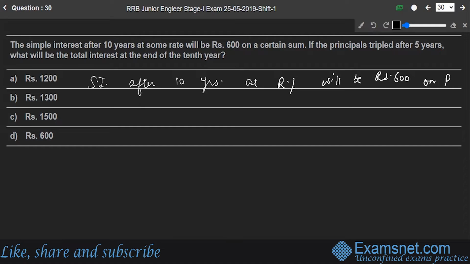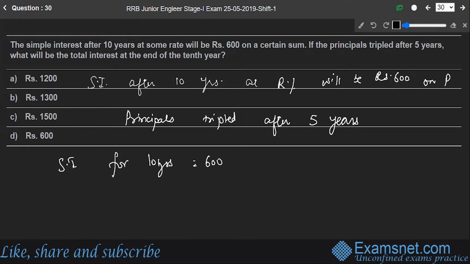Okay, the principal is tripled after 5 years. So let's calculate the simple interest for 10 years and for the 5 years. Simple interest for 10 years, you already know it's 600, right?